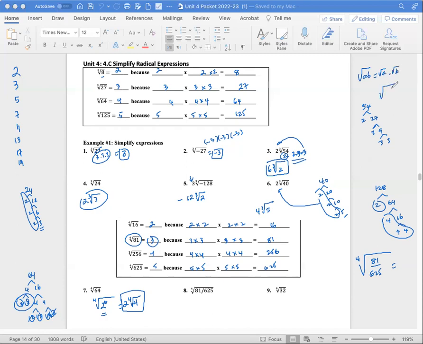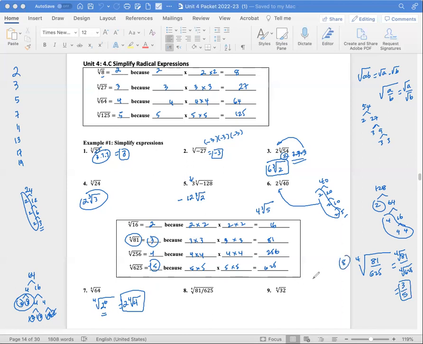If you have a fraction, you can also split it into the radical of the top over the radical of the bottom. So here you can read this as fourth root of 81 divided by what? The fourth root of 625. And we know them right here. We just said that this is 5 and this is 3. So this is going to end up being 3 over 5. Okay, that's for number 8.